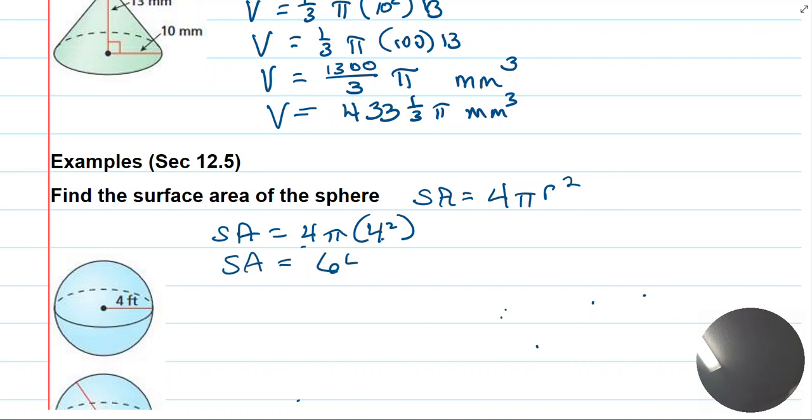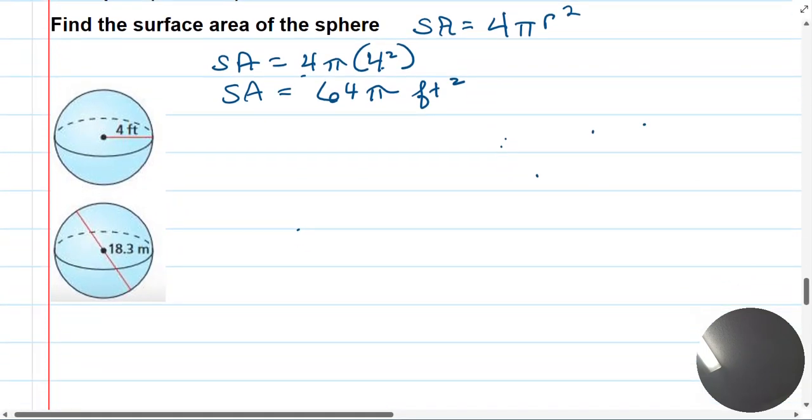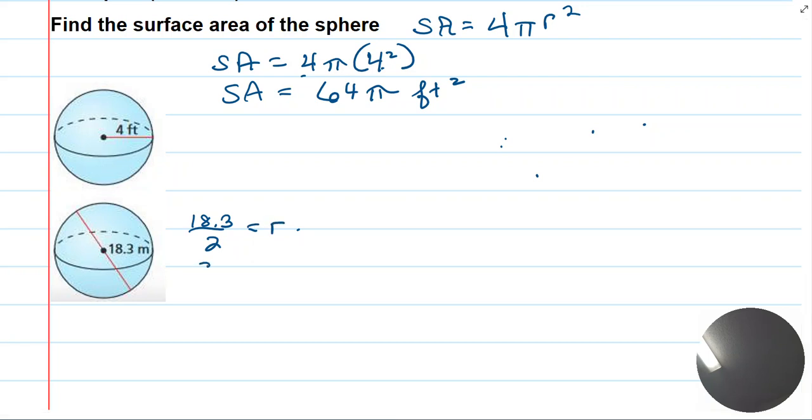Now this one has a diameter instead of a radius. So we're going to have 18.3 divided by 2 to find the radius. And this is 9.15 equals the radius. Is everybody comfortable with that? Now we need the surface area.